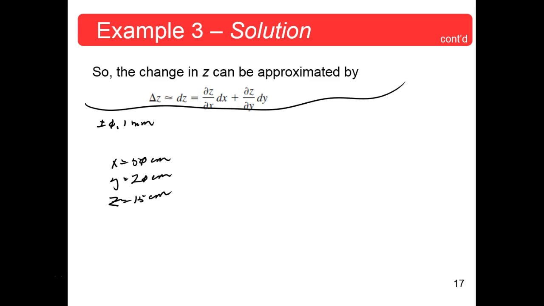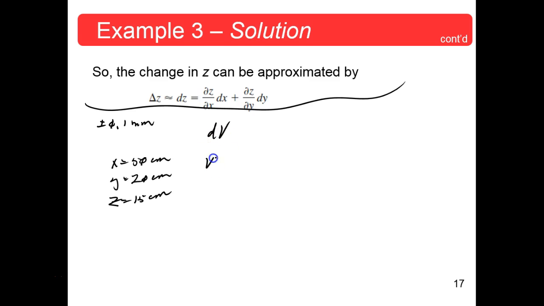So that's pretty close, okay? All right. Now, use dV to estimate the propagated error and the relative error in the calculated volume of the box.